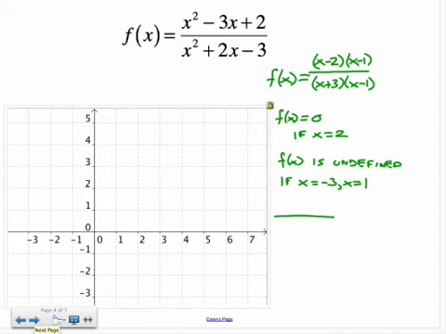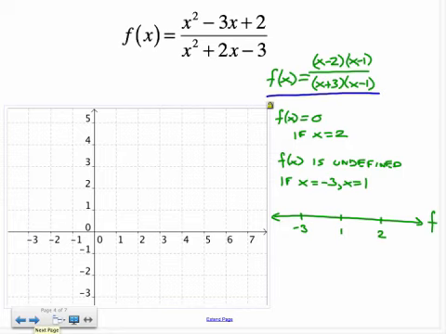Now I can make a sign chart for f, which will be helpful later as we gain more and more information about f when we try to sketch the graph. So my numbers on the sign chart are negative 3, 1, and 2. Let's make the sign chart using the factored form of f up here. That's probably the easiest place to do that.